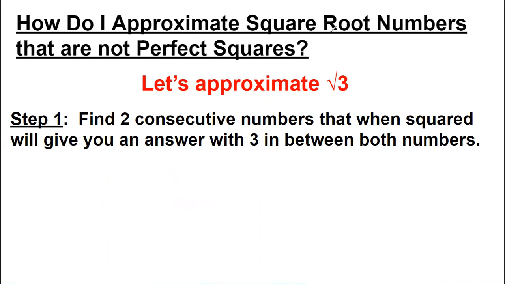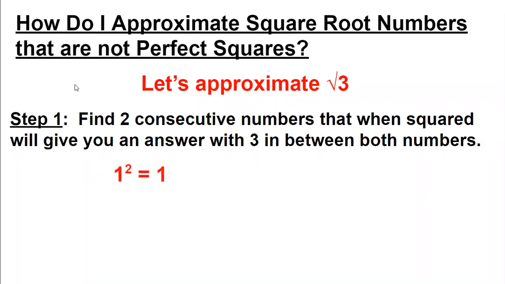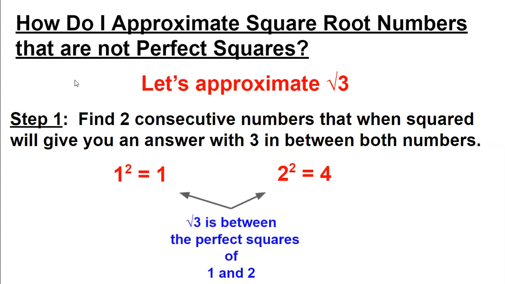I'm going to clear this. So what I just showed you: 1 squared equals 1, and 2 squared equals 4. So the square root of 3 is between the perfect squares of 1 and 2. Step 1 is to find those 2 consecutive integers where the number under the square root is between. So that's where I was saying it's a great idea to start memorizing. There's a chart in the classroom.